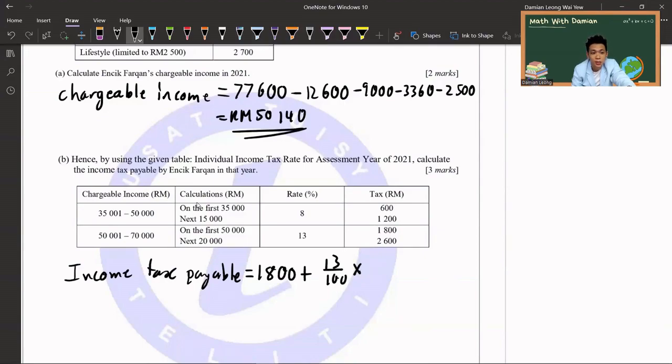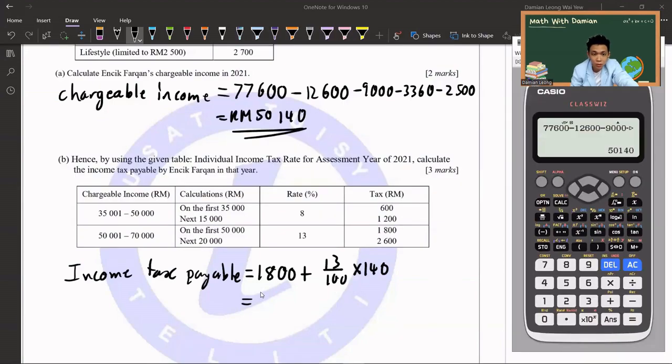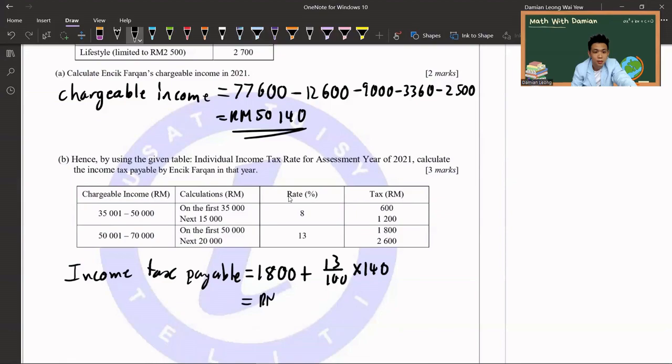So on the rest means the extra above the 50,000. So it's just 140 ringgit. So it's 1,800 plus 13% of 140 ringgit, which we get 1,818 ringgit 20 cents. That's the income tax payable.